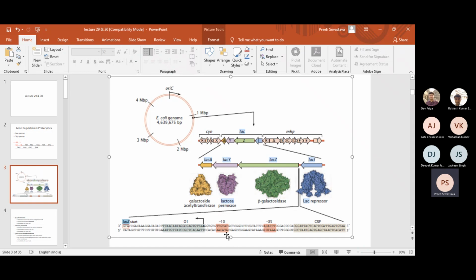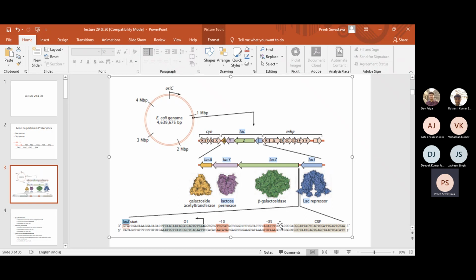In case of minus 10 it is TT and then TAAT. So a few mismatches are there, but it is still conserved. Then here is the transcription start site, which I told you has to be a purine, so an A or a G. Here it's an A. Then ATG is the initiation codon for lacZ, which codes for beta galactosidase.